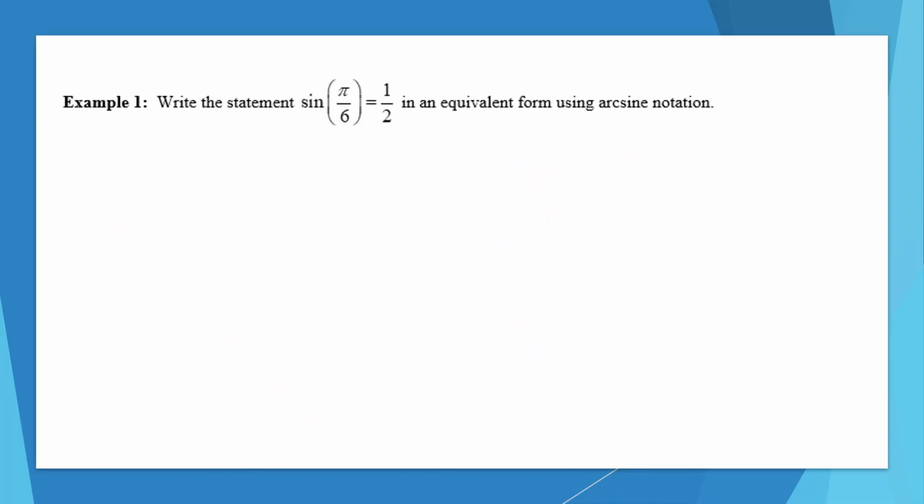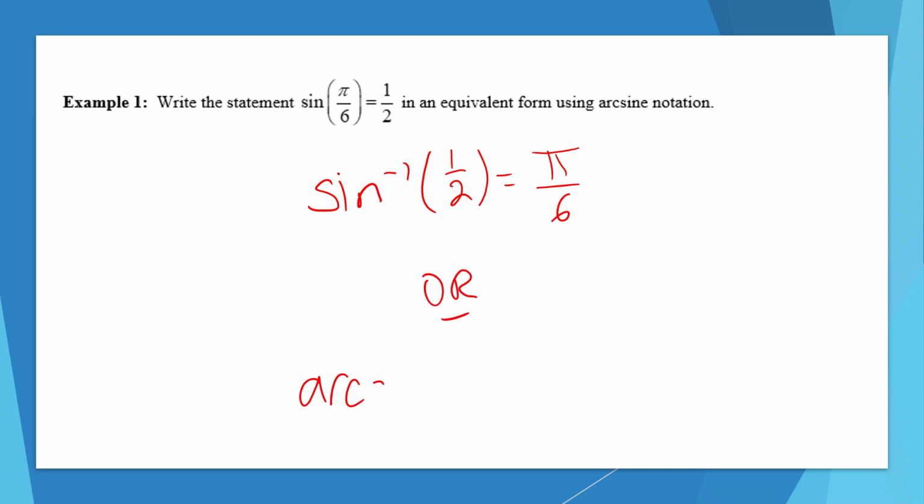All right, so example number 1, I kind of already did this, but let's do it again. Write the statement sine of pi over 6 equals 1/2 in an equivalent form using arc sine notation. So here, if I do the inverse sine, and now I'm going to have the trig value on the inside equals an angle measure, pi over 6, or the equivalent would be arc sine of 1/2 equals pi over 6.